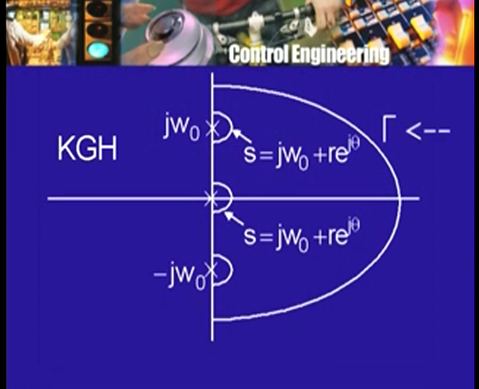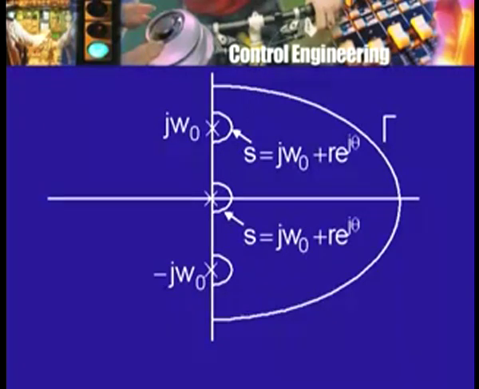You have to choose the contour gamma carefully, and for these bypasses we have to look at the behavior of KGH as to what kind of an approximation we can make, because the radii of these semicircles are small, just as the radius of this semicircle was large, as a result of which we could make some approximation to the behavior of KGH. So, this is something which needs to be remembered.